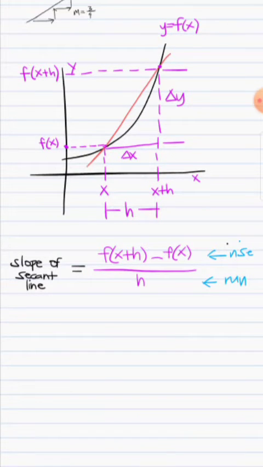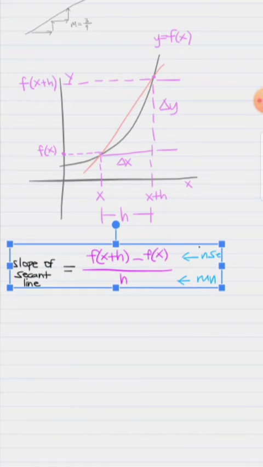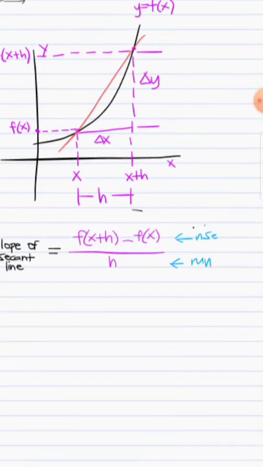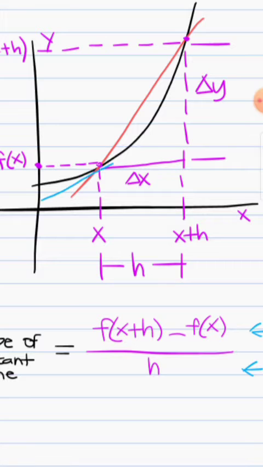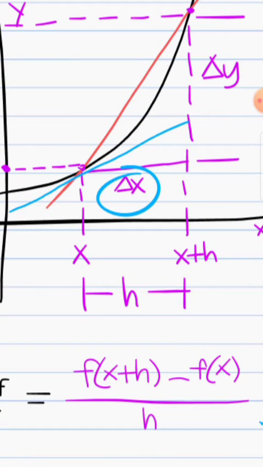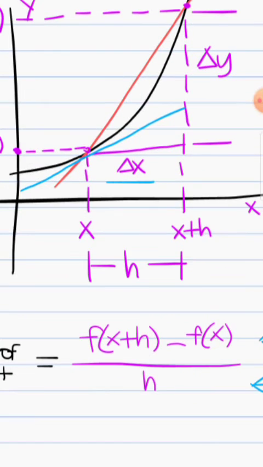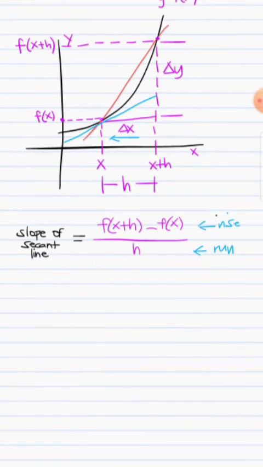Now from this point, to make this slope become a tangent line at this point, we said a while ago that we should let the change in x approach 0. Alright?